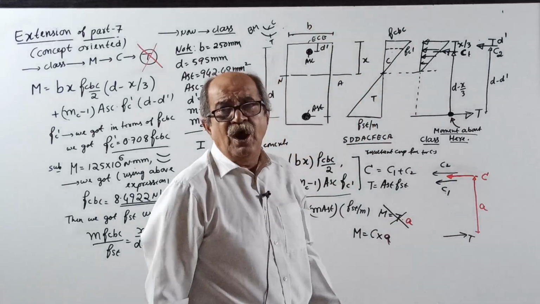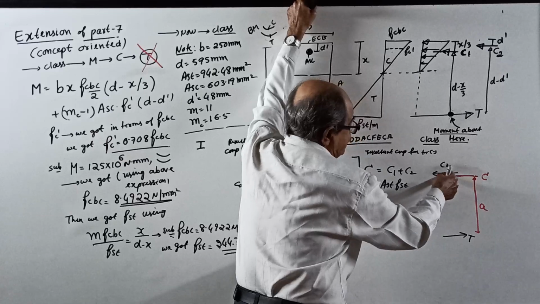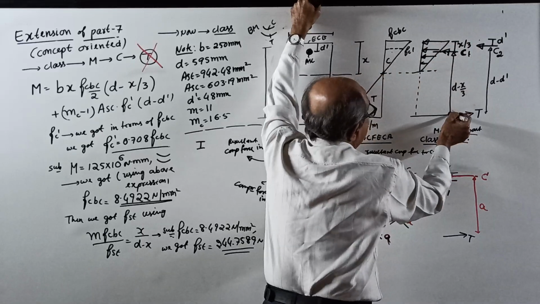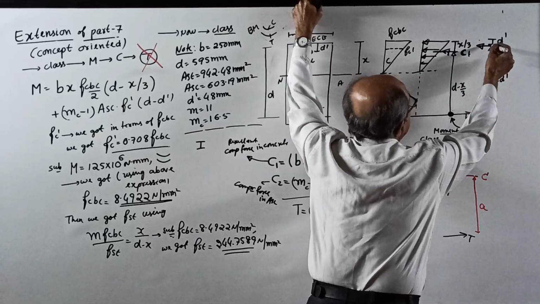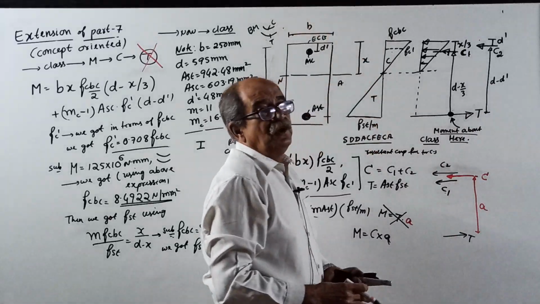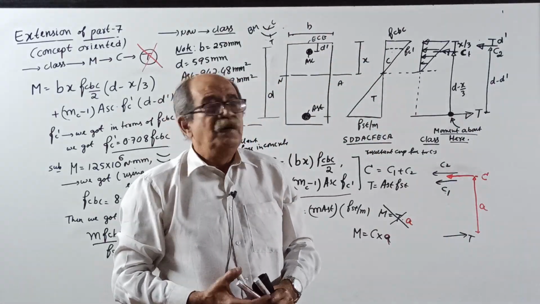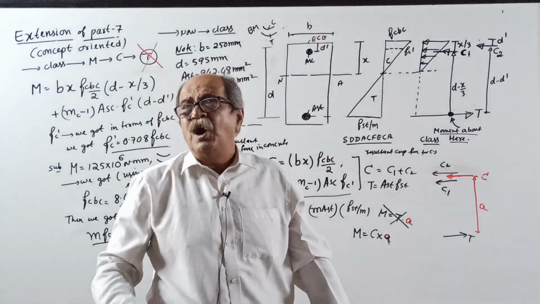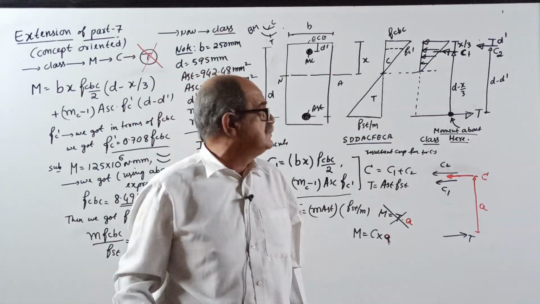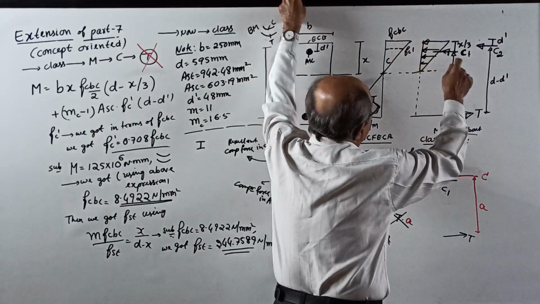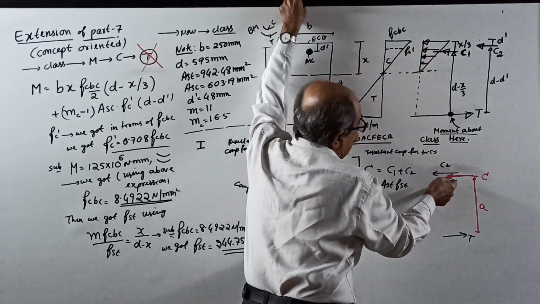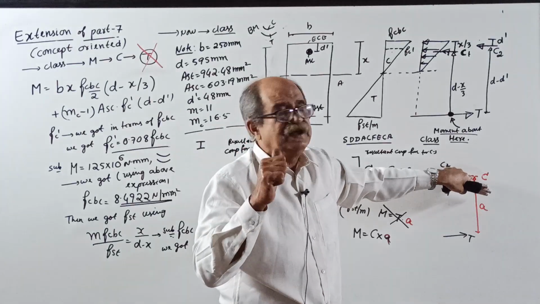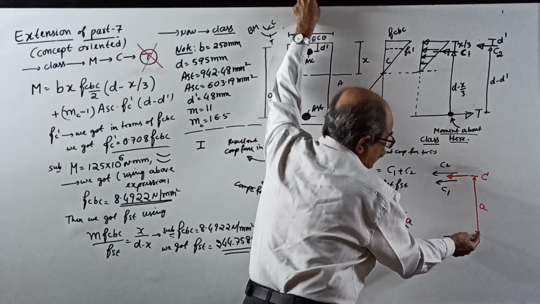Now there is no problem, because the moment of resultant C about this point, C into a, equals C1 into d minus x by 3 plus C2 into d minus d dash. That is called Varignon's theorem: the moment of the resultant about any point in the plane equals the algebraic sum of the moments of the individual component forces. It is difficult to take moment about the line of action of C because you do not know where it is, so people take moment about this line.